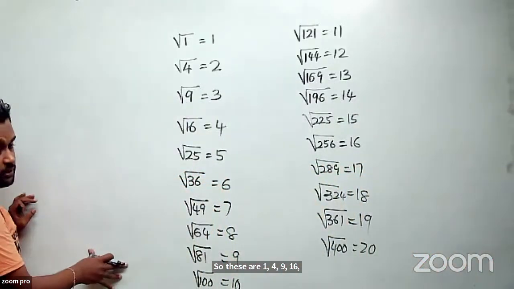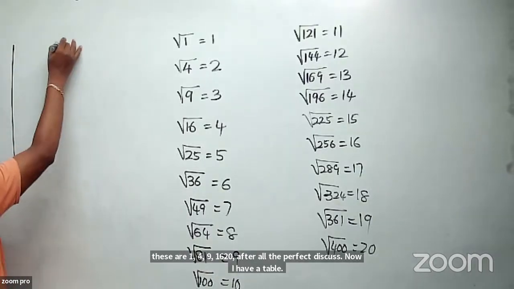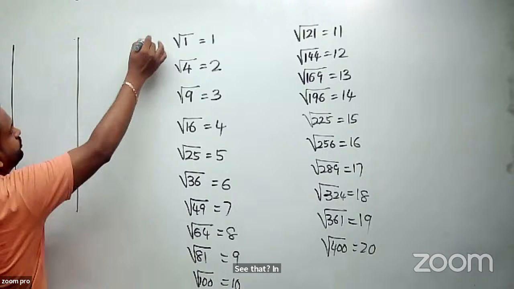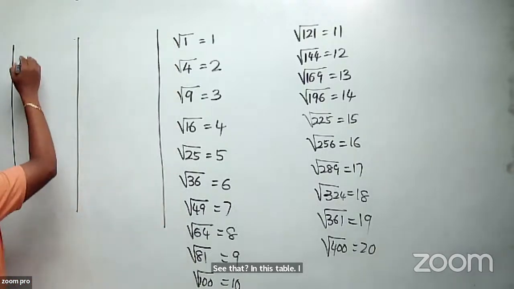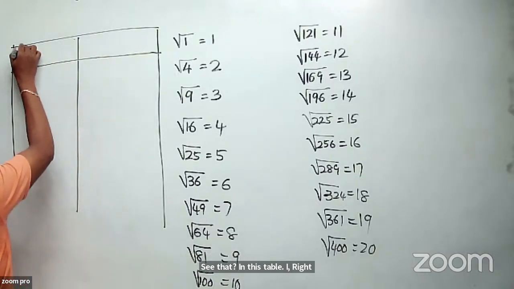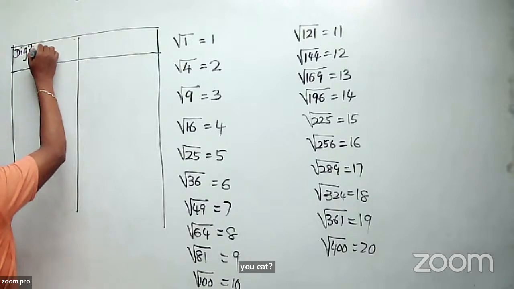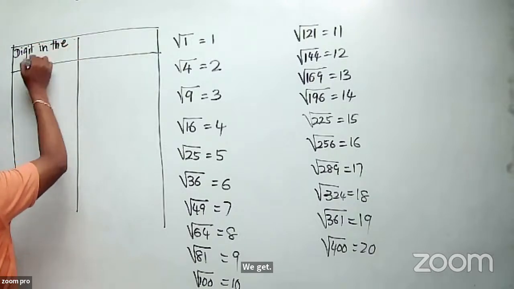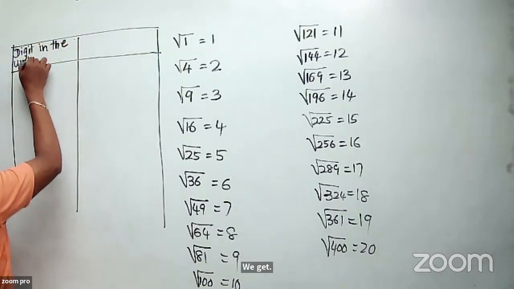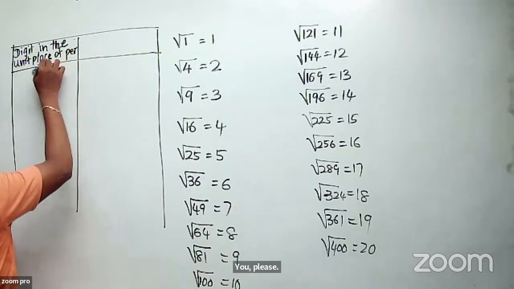Now I have a table. In this table I have two columns. Here it is mentioned: digit in the unit place of perfect square.